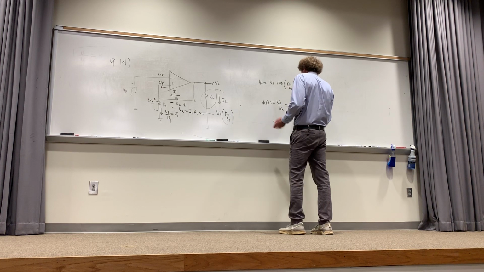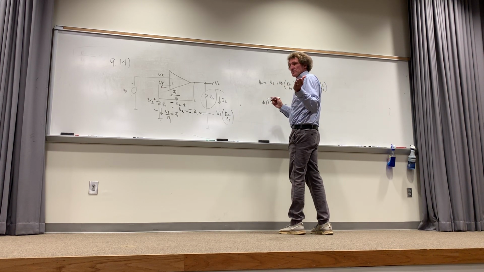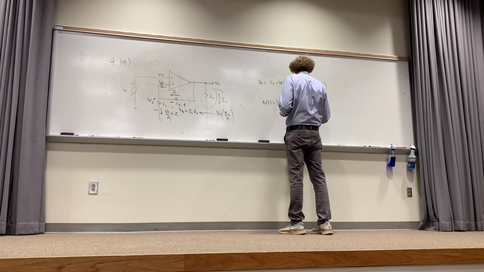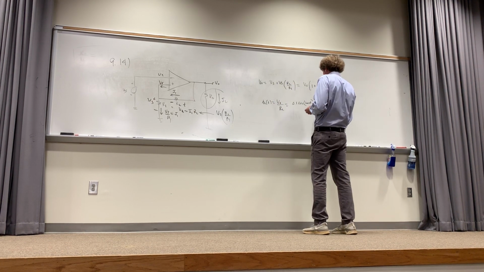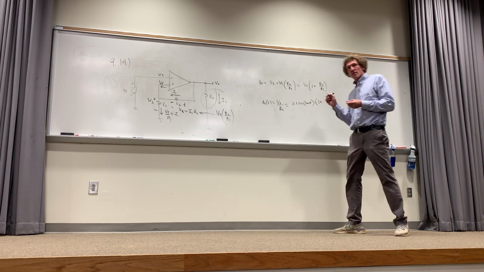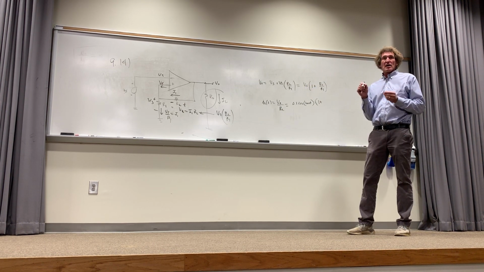And what is VS? Tell me what it is. 0.1 cosine, magnitude 2000t volts. And that's VS, and it's going to be times 1 plus, what's R2 over R1?